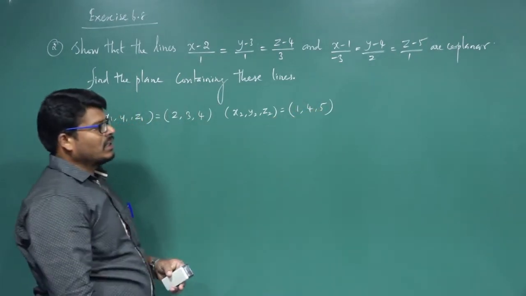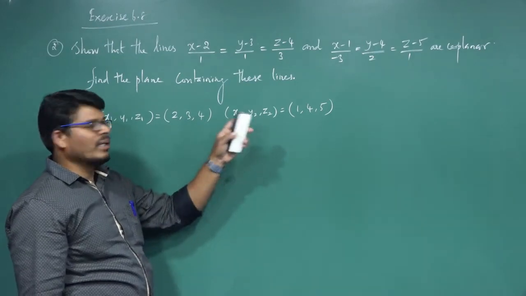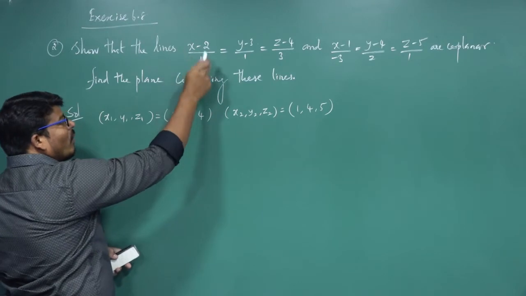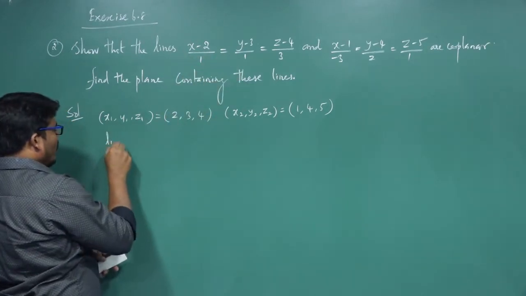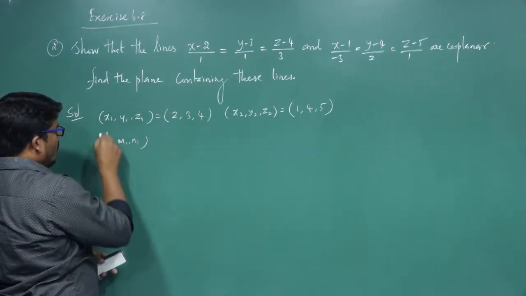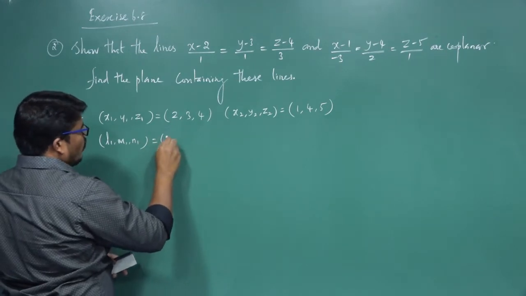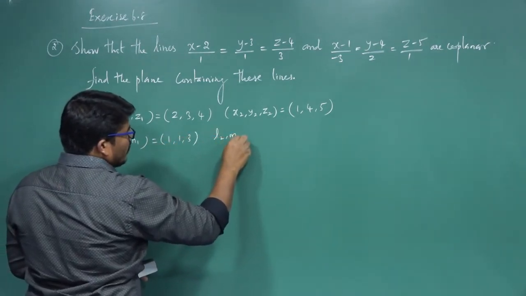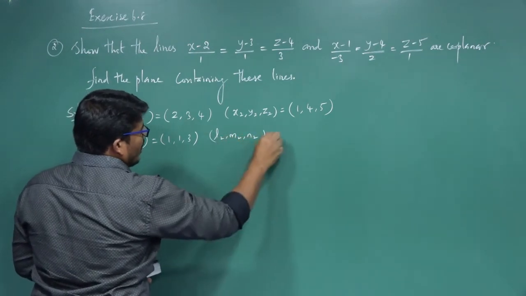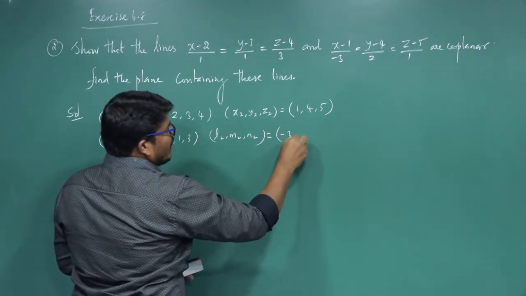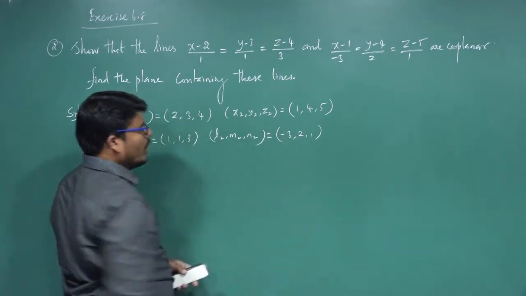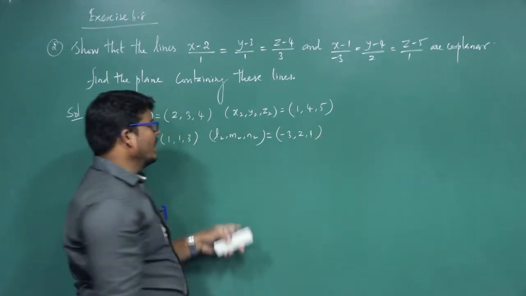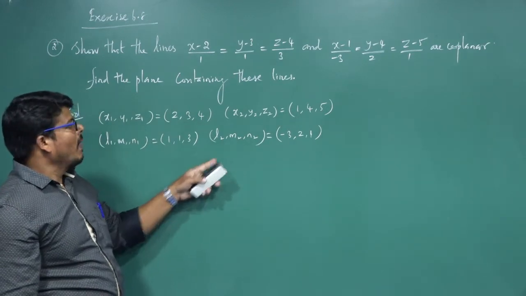The direction ratios are L1, M1, N1 equal to 1, 1, 3, and L2, M2, N2 equal to minus 3, 2, 1.